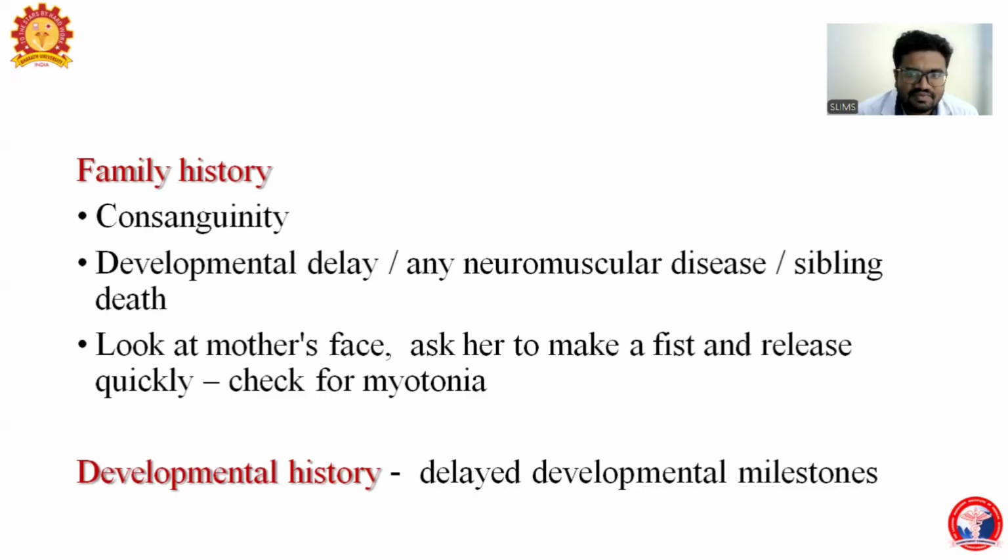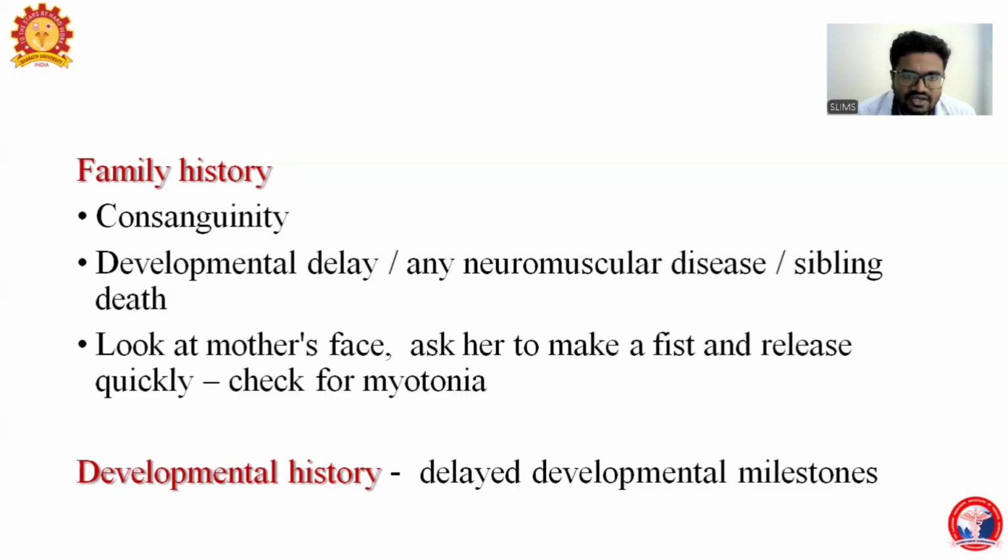Ask the mother to make a fist and release quickly to check for myotonia, because myotonic dystrophy is a condition which has been transferred by the mother to the baby. It's an autosomal dominant condition. That is a phenomenon of anticipation. So when the baby is floppy, always look at the mother's face.